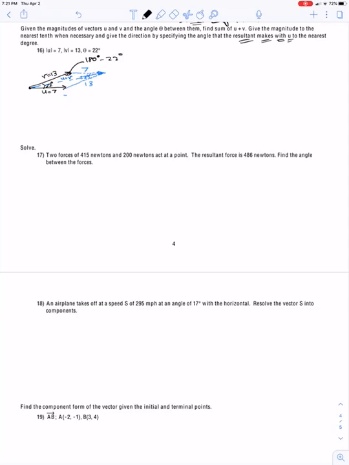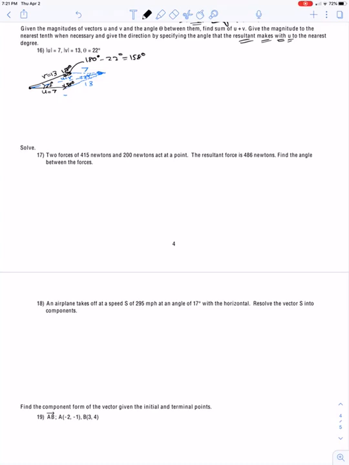Opposite angles are always congruent. So with that said, this one's going to have to be 158 degrees. So this is a 158 degree angle right here. That's that angle. And that means this angle is 158 degrees. I'm going to label it. So again, drawing a picture, getting a visual of what we have in front of us.